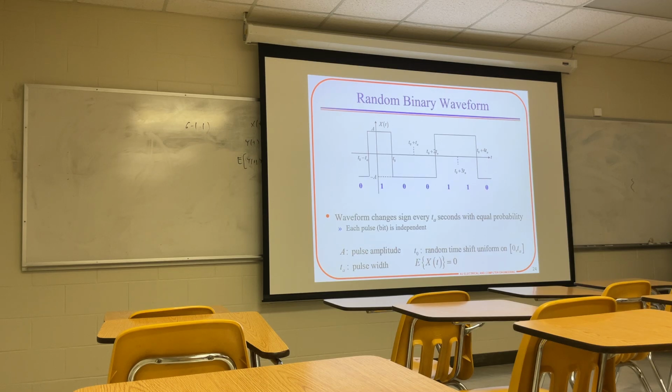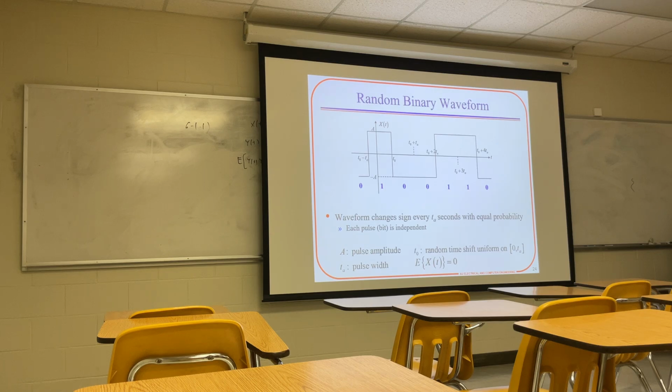Now, I have to explain something. Here's where I have to spend more time on this, but he's going to say there's a certain width to this that is always TA. Now, somewhere during this time TA, either there's a transition, it goes from A to minus A, or it doesn't.